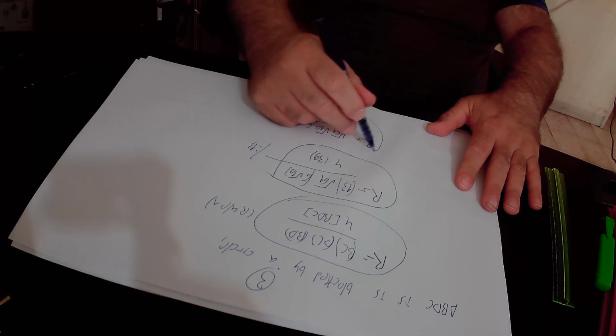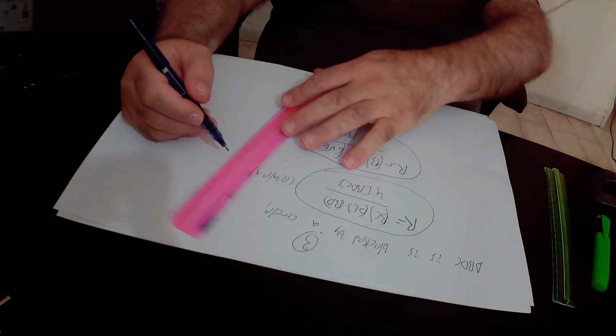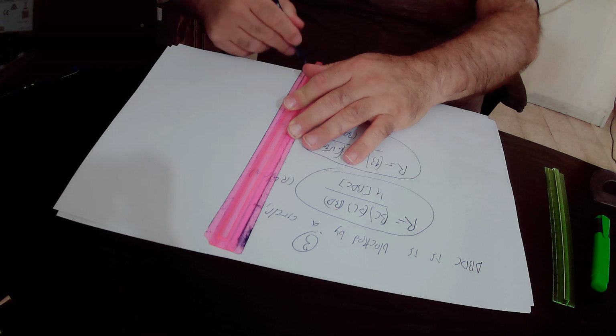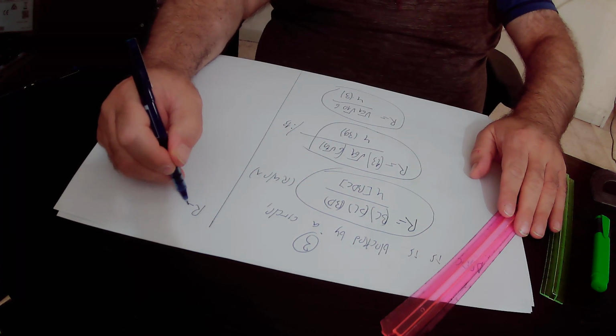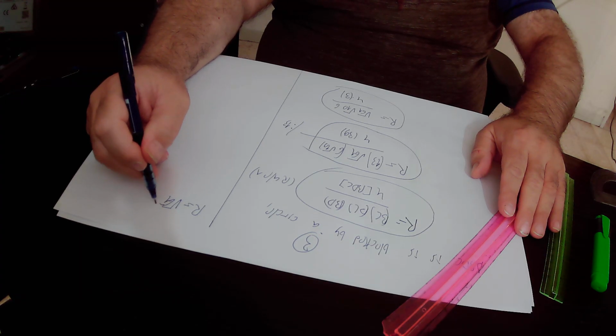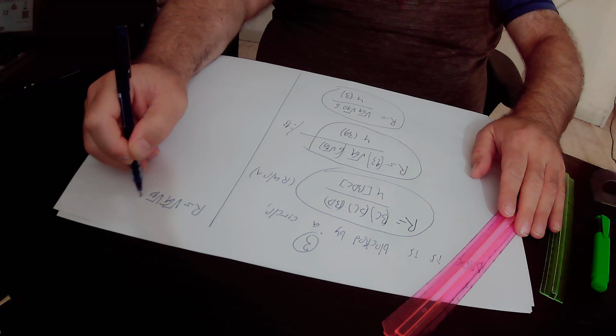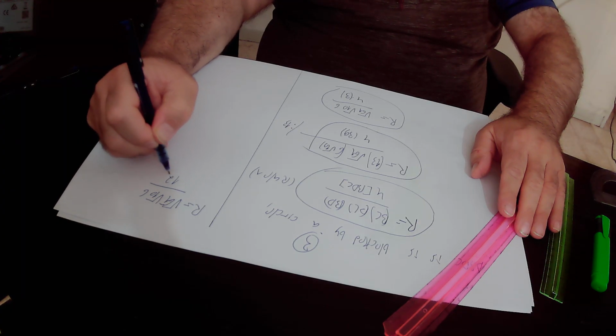That is to say, the radius of the circle that circumscribes the green triangle, triangle BDC, capital R, equals the square root of 61 times square root of 10 times 6 over 4 times 3, which is 12.